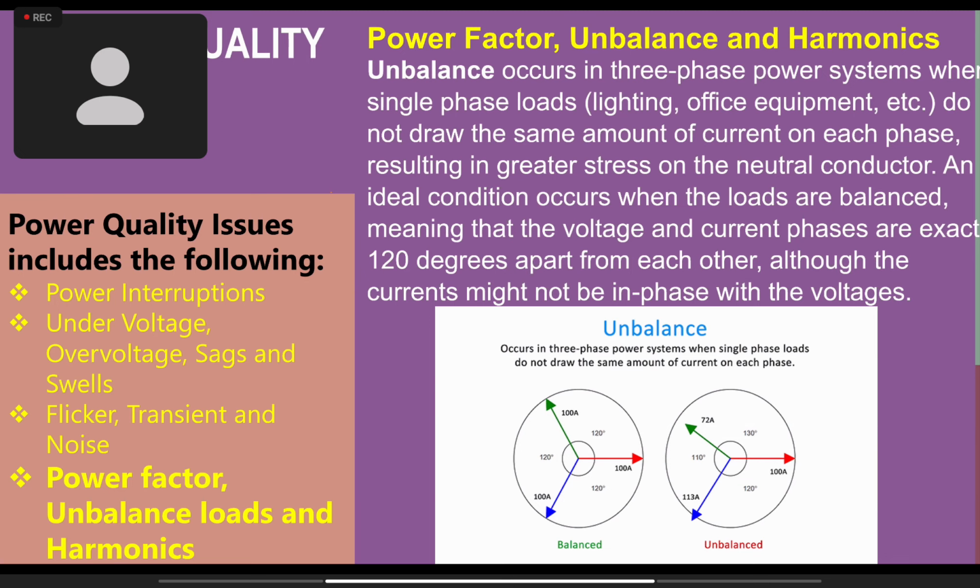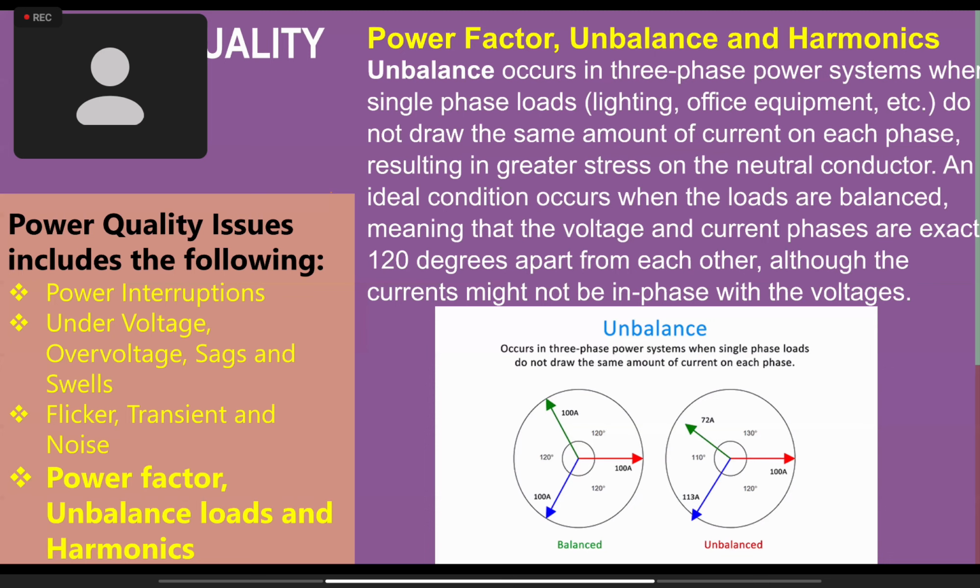Kasi naman, ang assumption ng generator is it will provide a constant three-phase na balance voltages. So kung balance ang voltage, there is a minimum chance na magkaroon ng unbalance. This will happen only on ideal conditions. So since the ideal condition cannot exist in a system, mayroon talagang kunting difference yan.